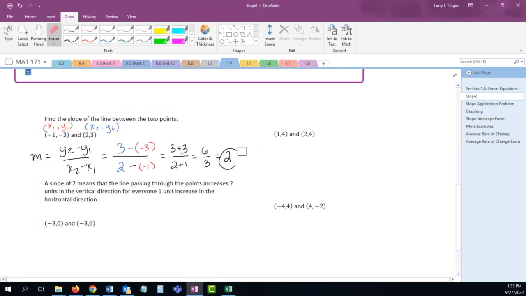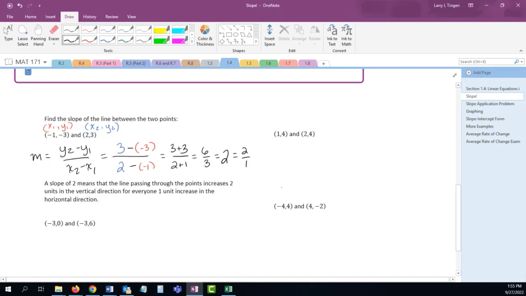So what I said was, and I'm just going to rewrite the 2, this is the slope of 2, which can be rewritten as 2 over 1. The numerator is the change in y, the denominator is the change in x. So 2 over 1, a change of 2 units in the y direction for every 1 unit in the x direction.